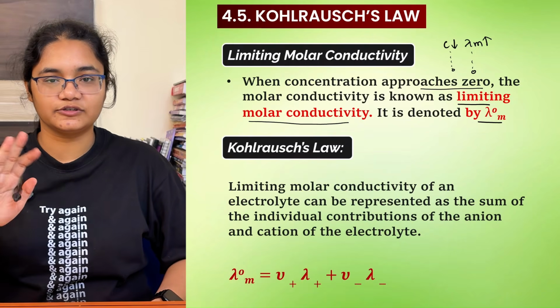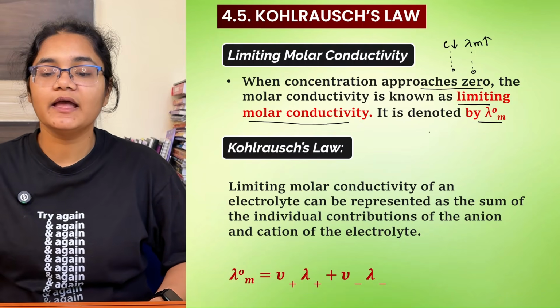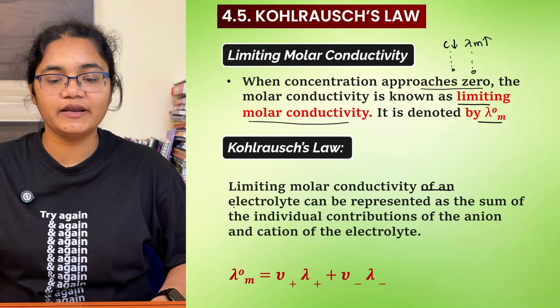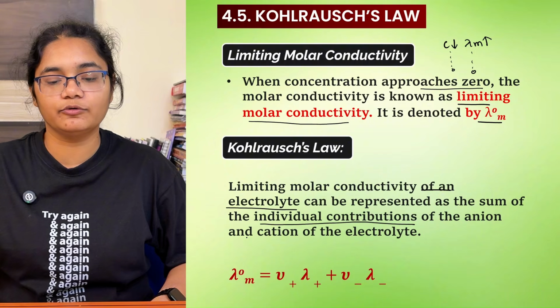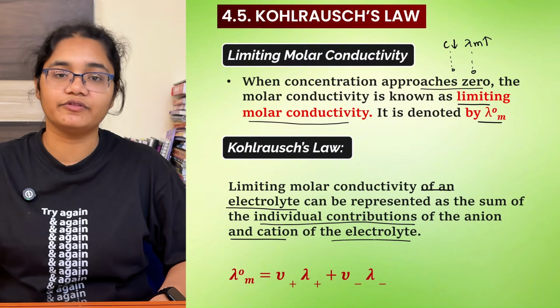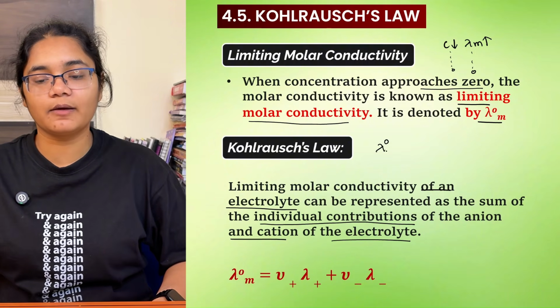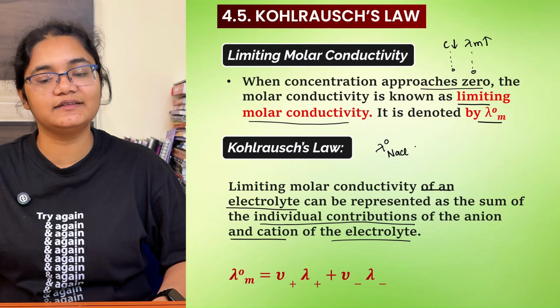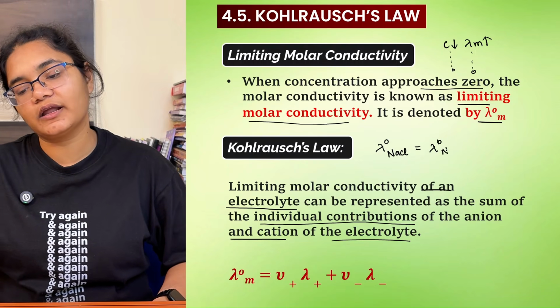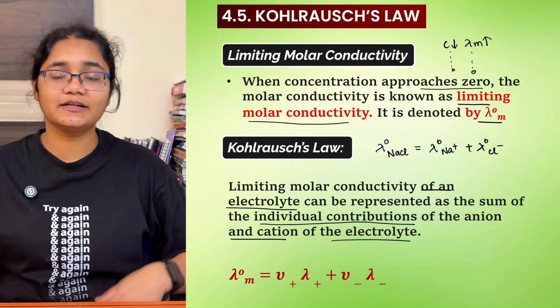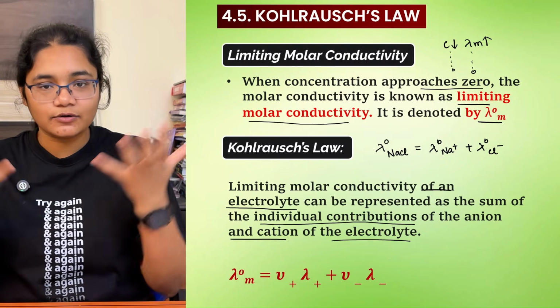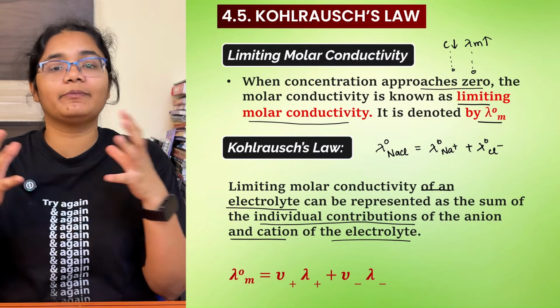Now let's talk about Kohlrausch law. That is a very simple thing. The limiting molar conductivity of an electrolyte can be represented as the sum of the individual contributions of the anion and the cation of the electrolyte. Suppose I am talking about the limiting molar conductivity of NaCl, that is due to the molar conductivity of Na plus and due to the molar conductivity of Cl minus. That is quite obvious, right? NaCl as a whole is an electrolyte because of Na plus and Cl minus.